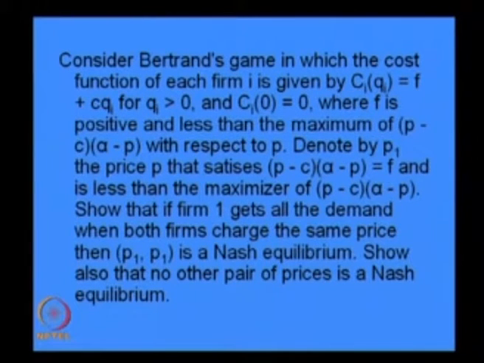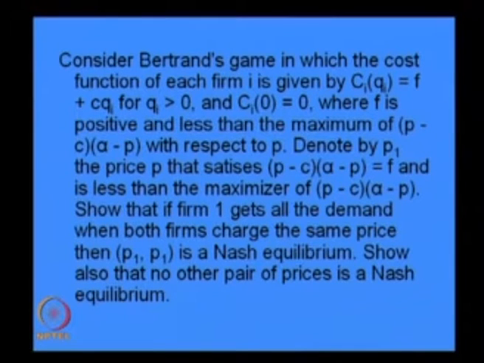Consider Bertrand's model game in which the cost function of each firm i is given by C_i(q_i) = f + c q_i for q_i greater than 0, and C_i(0) = 0, where f is positive and less than the maximum over p of (p − c)(α − p).